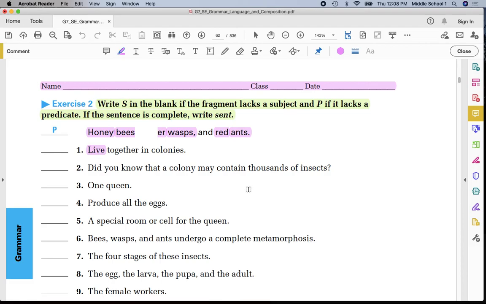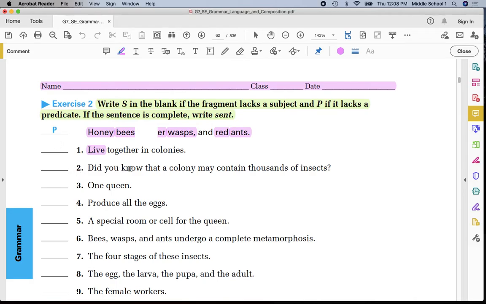That means it's a fragment. Live together in colonies. I identify live as being the predicate. So what's missing? Subject. I put S on the line because S is the subject that's missing.